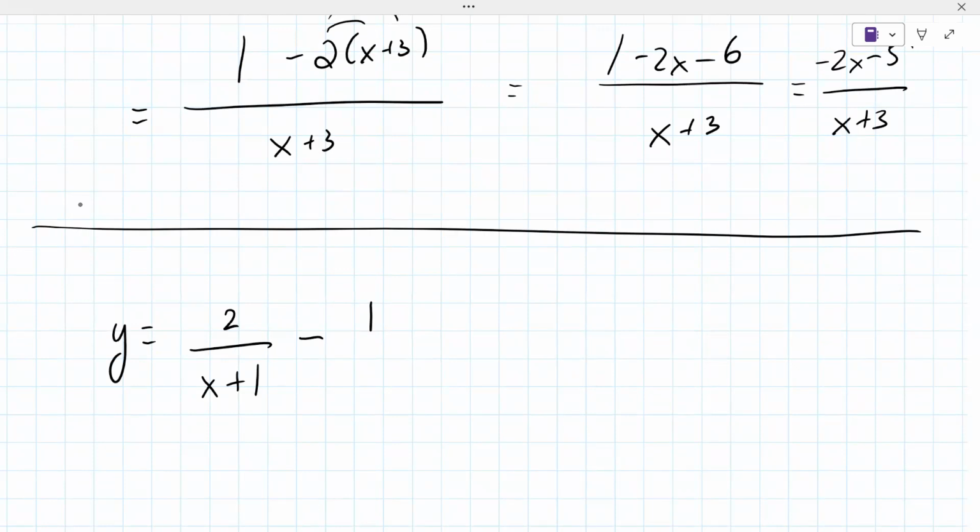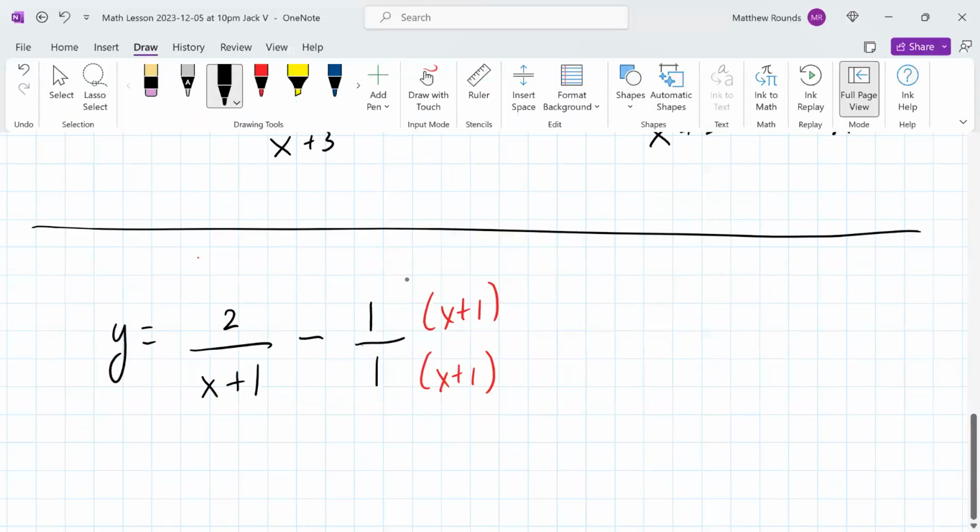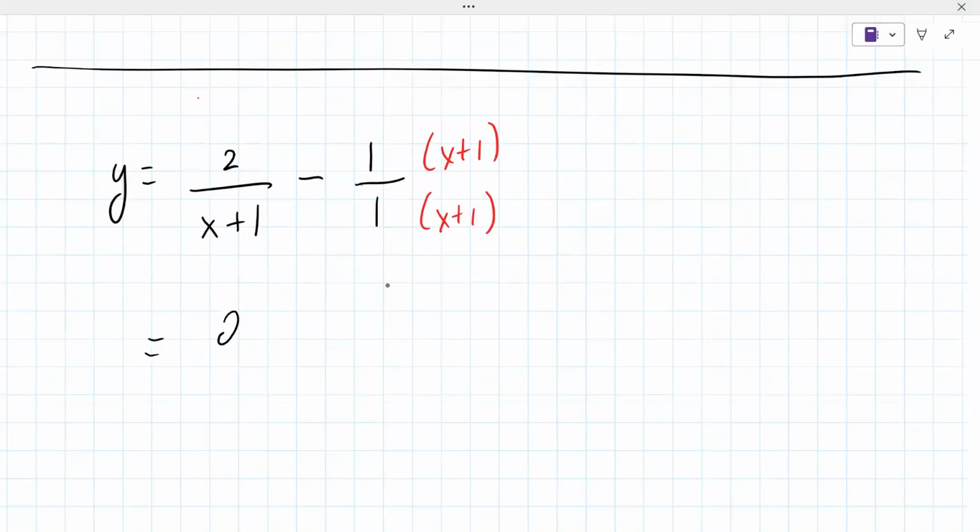All right, so what is the fraction here? It would be -1 over 1. And then what do you multiply the top and bottom by to make the common denominator? x plus 1. All right, so now it's 2 over x plus 1 minus x plus 1 over x plus 1.